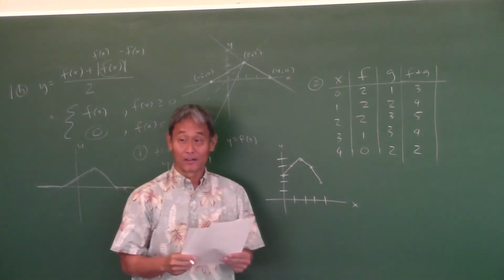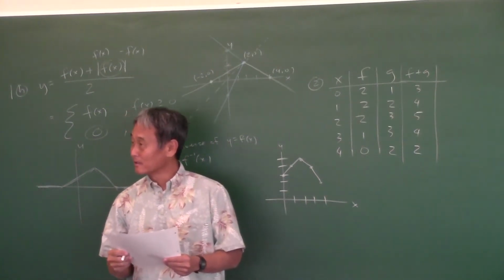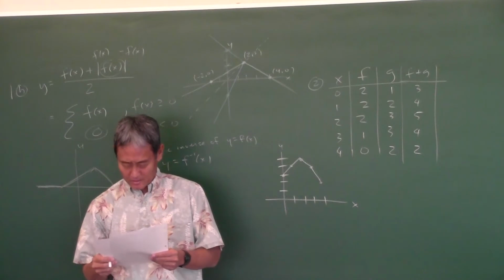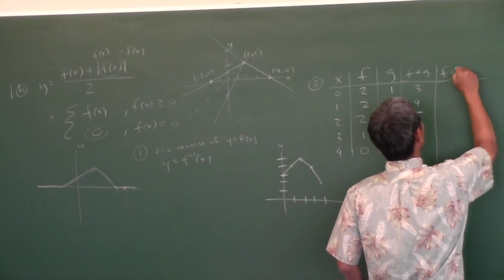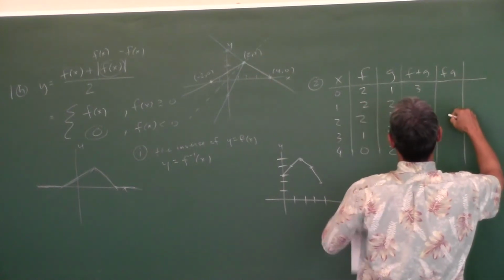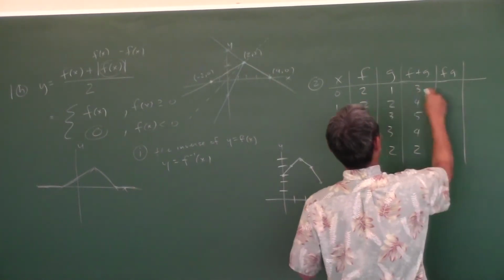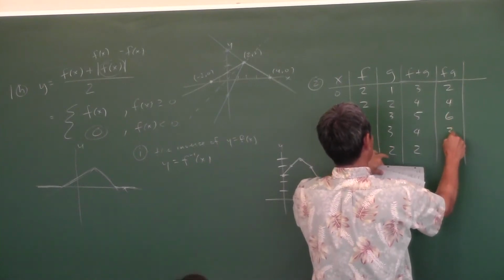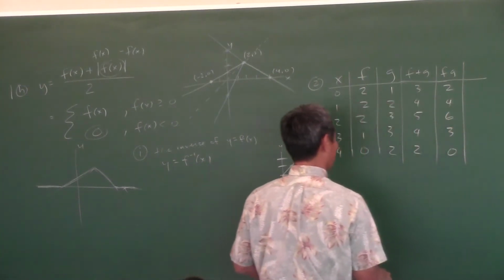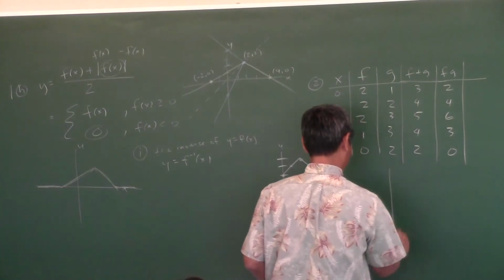Okay, however, now what happens when you get f times g? Oh, that's easy, Mr. Park. You just multiply them. So 2 times 1 is 2, 2 times 2 is 4, 2 times 3 is 6, 1 times 3 is 3, then 0. Oh, you think it's easy, huh?